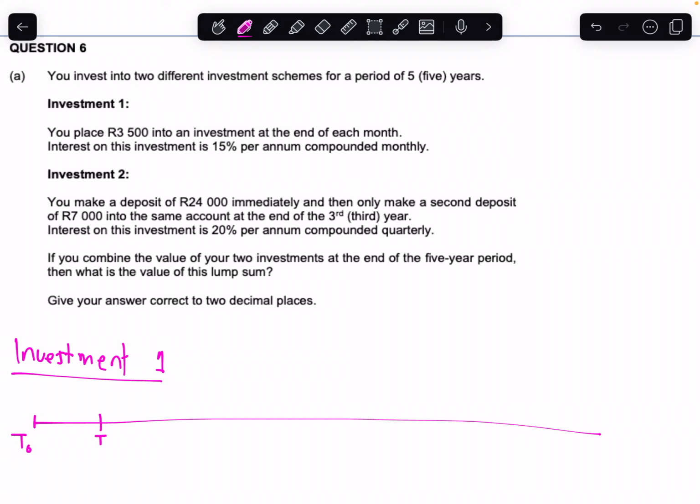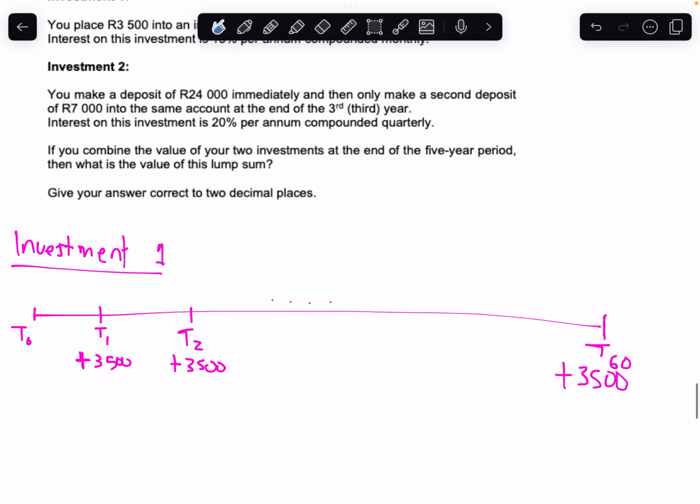So at T1 is where we put in our first deposit, which is 3,500, and then at T2 we add another 3,500, and so it goes until at T60, because there's 60 months in 5 years, we put in the last 3,500 Rand. Almost pointless at that point, but anyway, such is the question. So what is the value of this investment after 5 years?